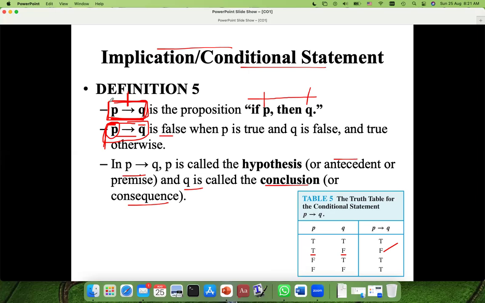So if I ask you to build a truth table for P implies Q, then one column would be this P implies Q, as you are seeing in the truth table. But what would be the input columns? Then what would be the input columns for that? How can you identify them from the mathematical expression?